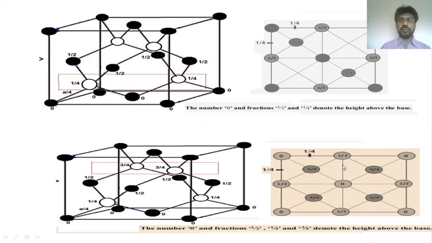Second thing is what are the 2 types of voids present or available in this type of structure. One is the octahedral and the second one is the tetrahedral. The third one is the number of carbon atoms present in the unit cell. Fourth one is its coordination number, and fifth one is how to write the coordinates of every carbon atom present in the unit cell.